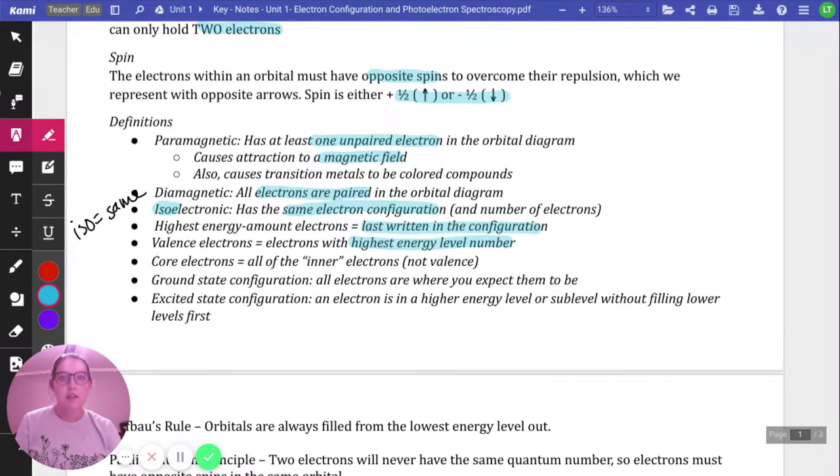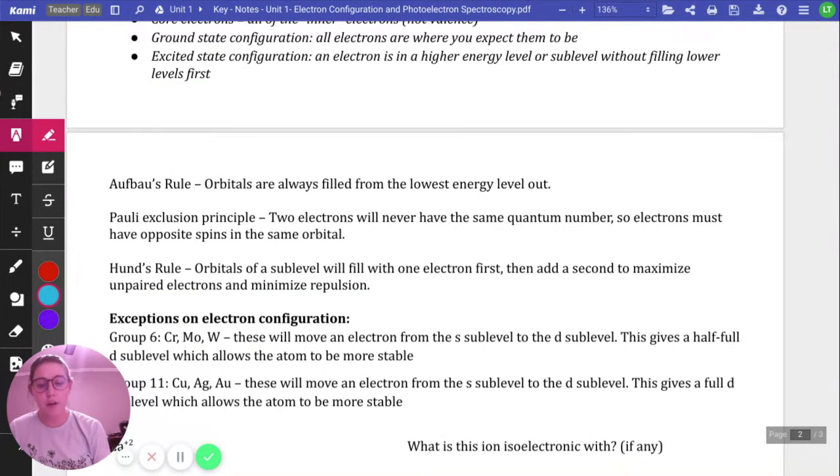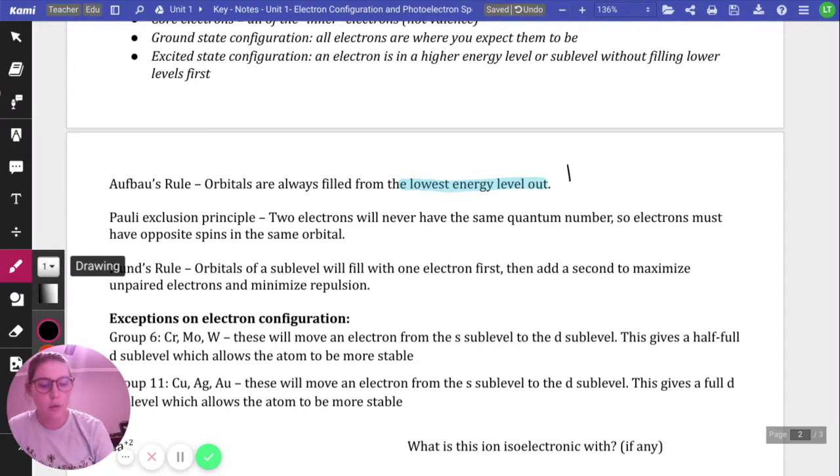Okay. So let's talk about our rules, and then we'll talk about types of electron configurations. We'll do a little bit of practice. All right. So first one is Aufbau's rule, and it just says orbitals are always filled from the lowest energy level out. So we always go from low to high.